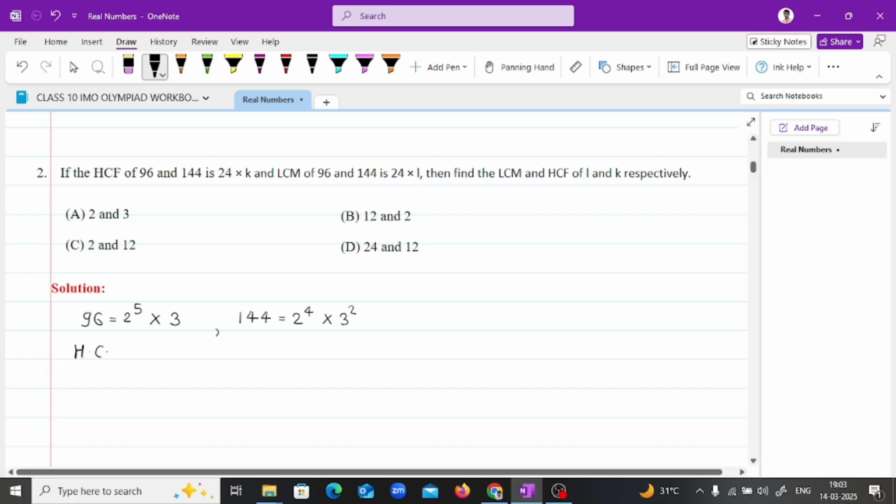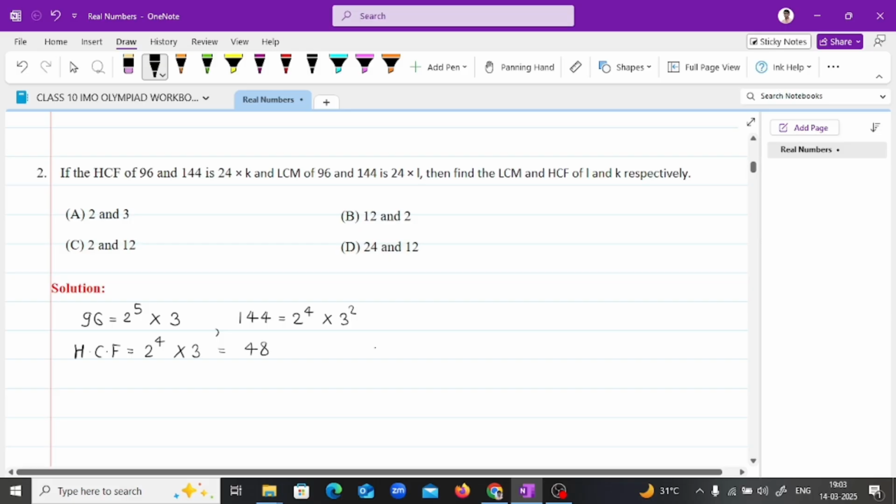HCF means highest common factor. Here there is a 2 raised to 5 and here there is a 2 raised to 4, so the common factor is 2 raised to 4. And here there is a 3 raised to 1 and here there is a 3 raised to 2, so the common factor is 3 raised to 1, which means 3. So HCF is 2 raised to 4 into 3, which is nothing but 48.